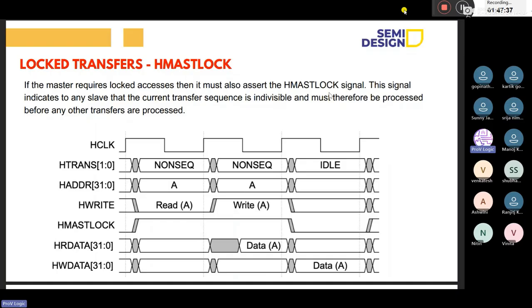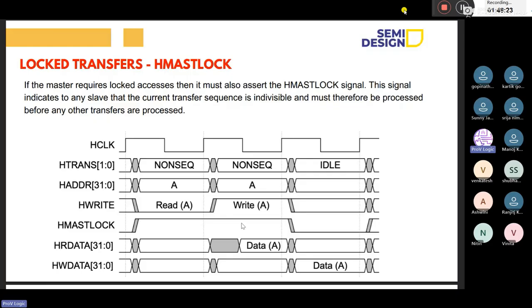This signal indicates to any slave that the current transfer sequence is indivisible and must therefore be processed before any other transfers are processed. See, HMASTLOCK is just a signal used to lock the bus during critical operations. So whenever HMASTLOCK is high, it means the current master wants exclusive access to the bus. That means no other master should take the bus control until the lock is released. Okay, the current master only should access. That is what HMASTLOCK is.